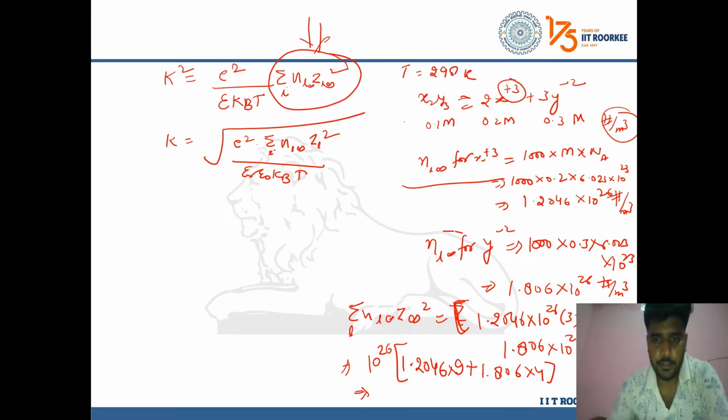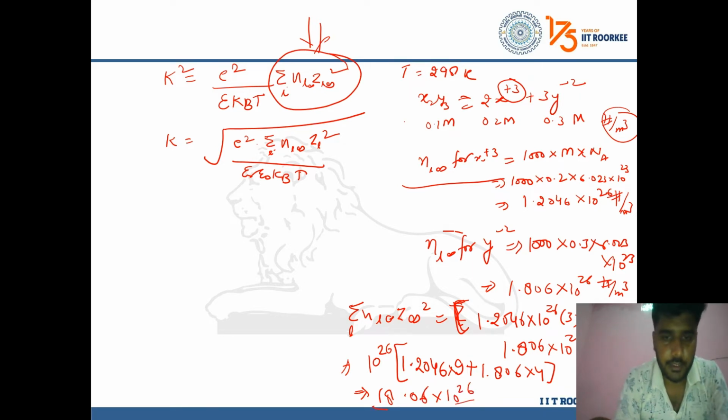Simple calculations. That will be 10.84 plus 7.22, that is something like 18.06 times 10 raised to 26.